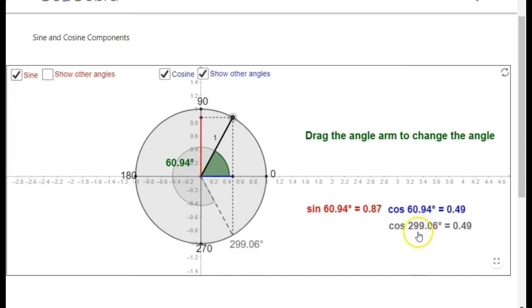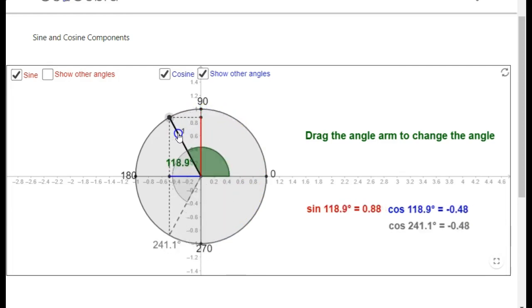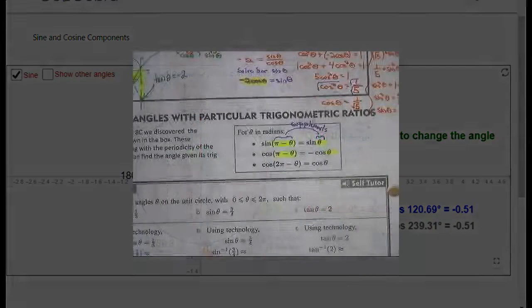So if this was 60, 360 minus 60 would be 300. They're going to have the same cosine values. So if I had a cosine of 120 degrees, it would be the same as the cosine of 360 minus 120, or 240. You guys follow what we're saying there? Okay, that's what this part is talking about right here. That's the last pattern there.